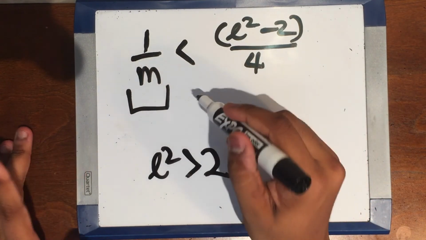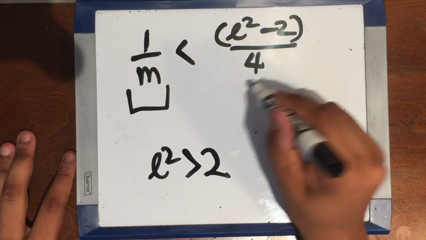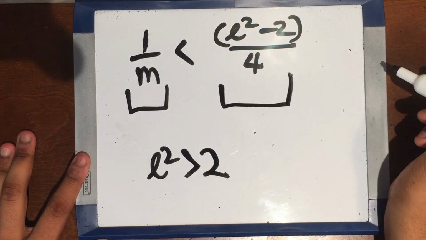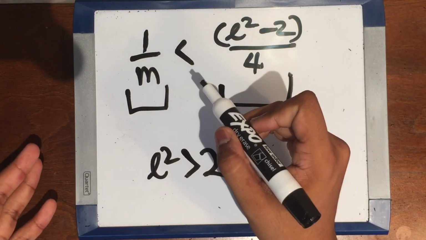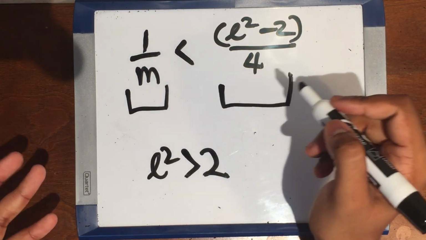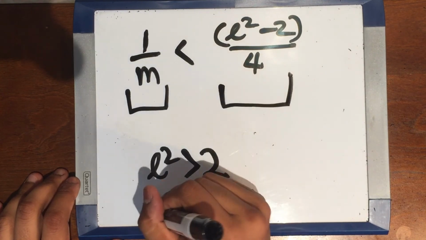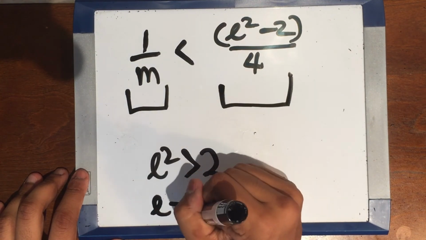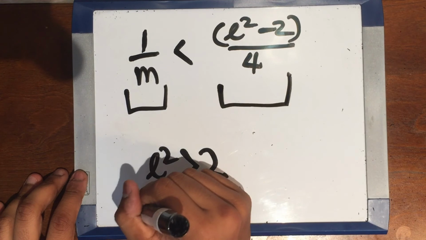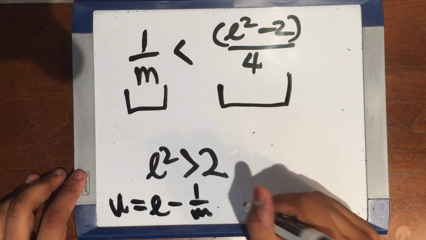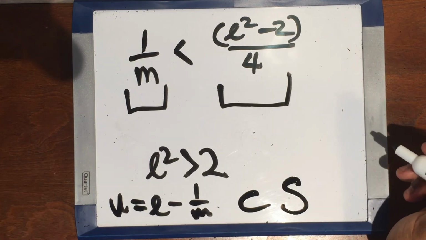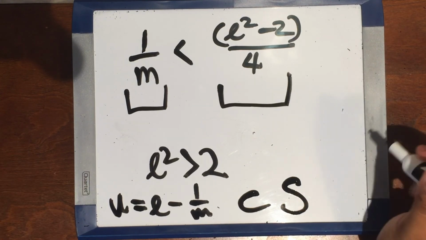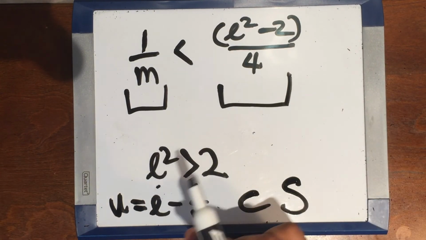Because if such a rational number does exist, which it does, that would mean that there must be some number that when you subtract it from L, right, L - 1/m, you're still an upper bound contained in our set S. And if you're still contained in our set S, well then this ain't the least upper bound, is it?